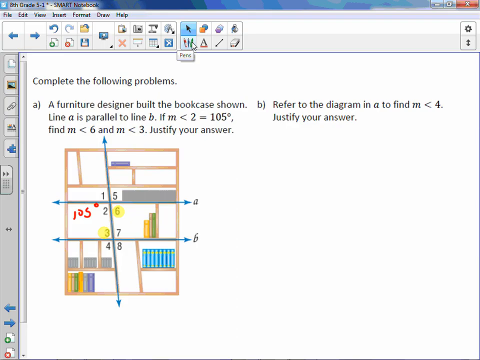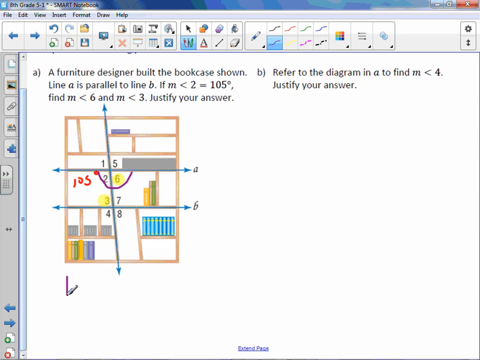Well, let's look at the information they gave us. They gave us the measure of angle 2, which is 105 degrees. I can use that to find the measure of angle 6. I know that angle 2 and angle 6 are supplementary, which means they add to 180. So 180 minus 105 is 75.